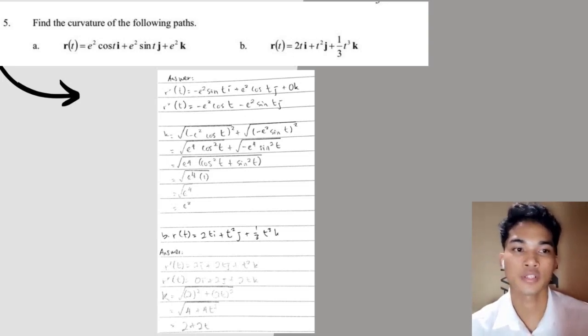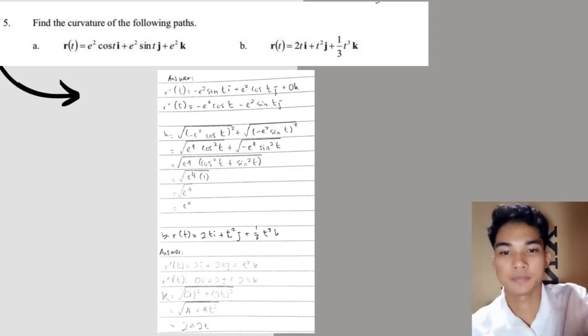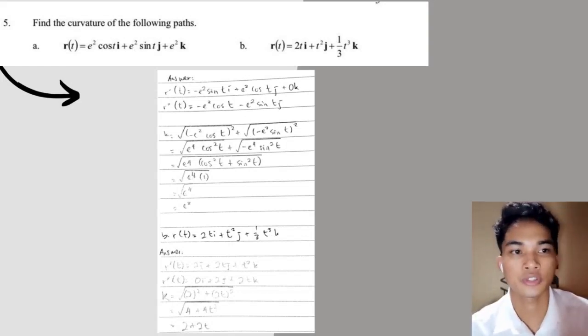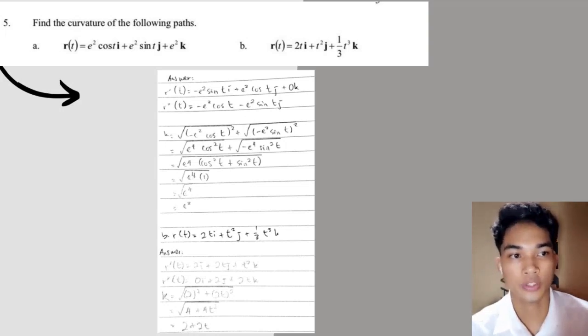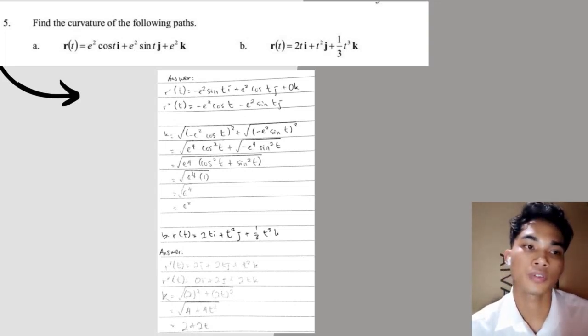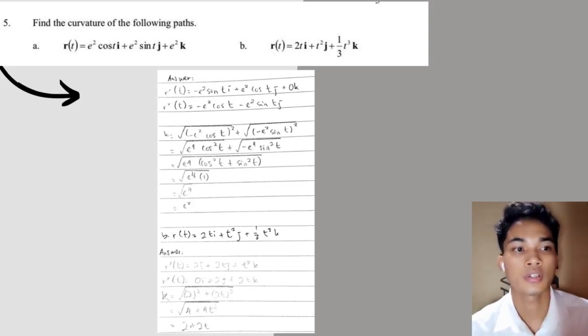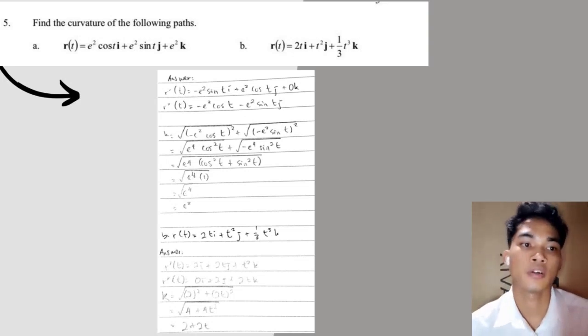Then we move to question B. Question B, given the equation is r(t) equals 2t i + t² j + 1/3 t³ k. For question B, we write down the equation from the question.